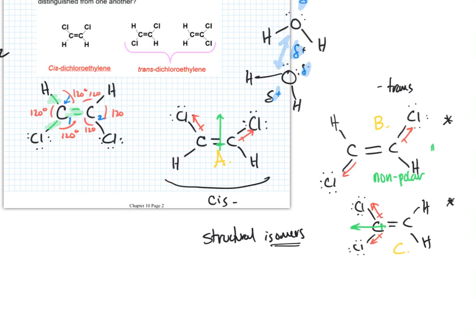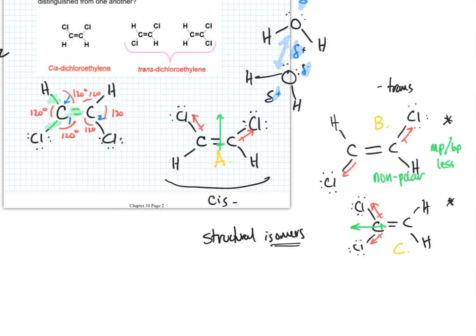So the melting point and the boiling point are going to be less for molecule B. If it's molecule B, we're going to see a big difference in the melting point and boiling point. If it's A or C, we're going to need to do a different experiment to figure out which of these two it is. We're actually going to have to do some spectroscopy or something.